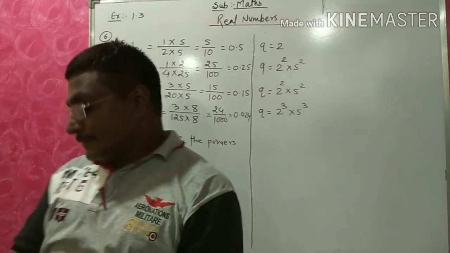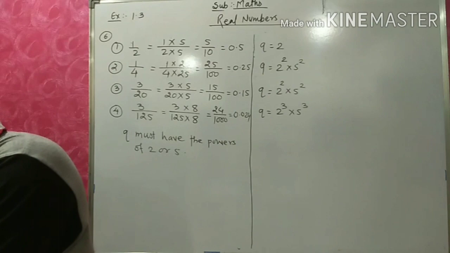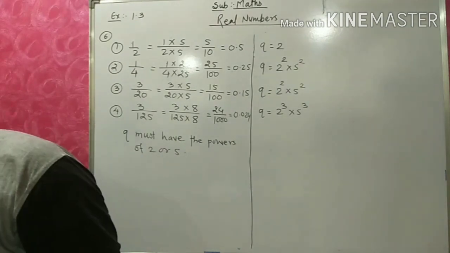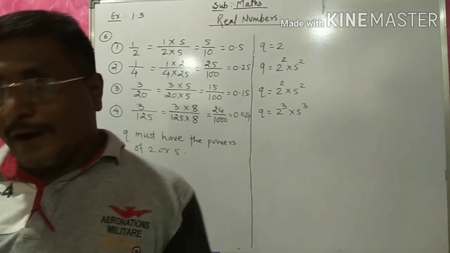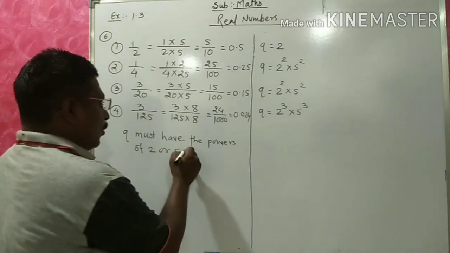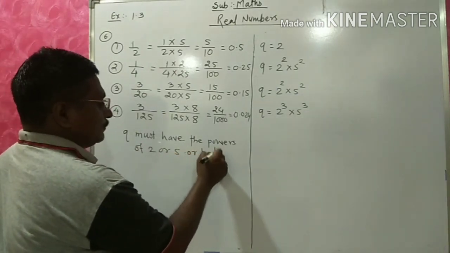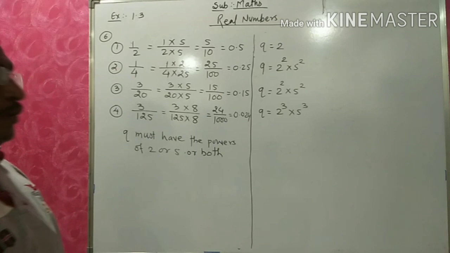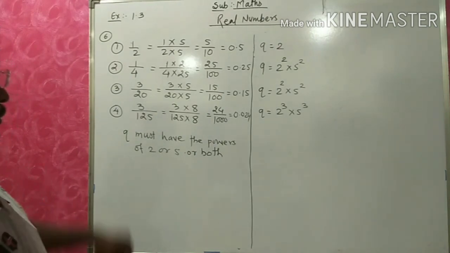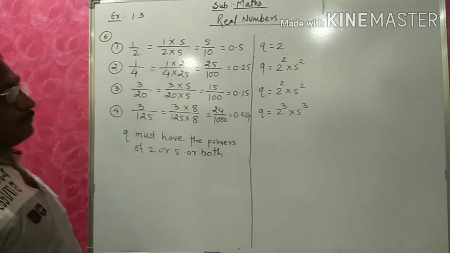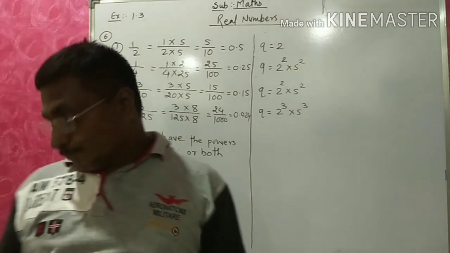Which property is it satisfying? Q must have powers of 2 or 5 or both. So this is the answer of question number 6.